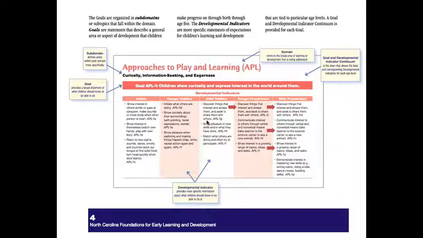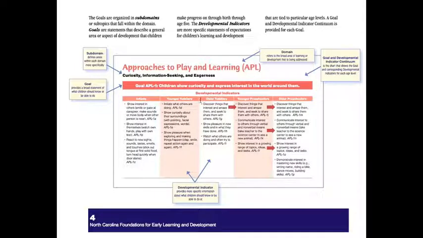That'll be part of the code that it will use when we refer to different parts of the document. If you look up at the top, every one of these has a goal, and so your goal is listed here. This one's APL. Notice that APL stands for Approaches to Play and Learning, and this particular goal is children show curiosity and express interest in the world around them.